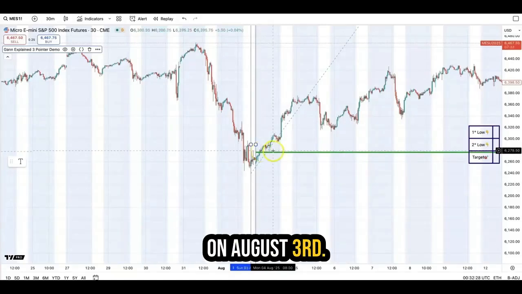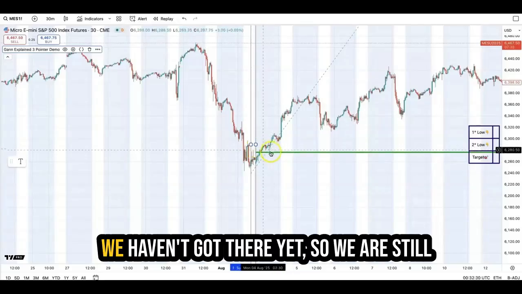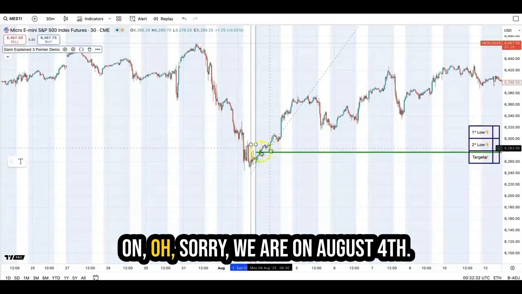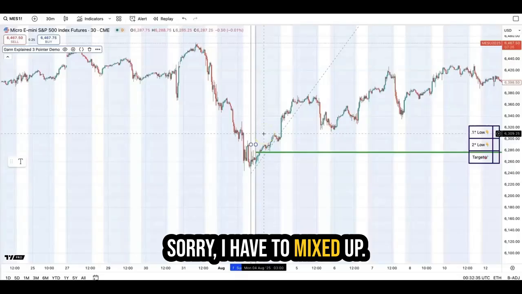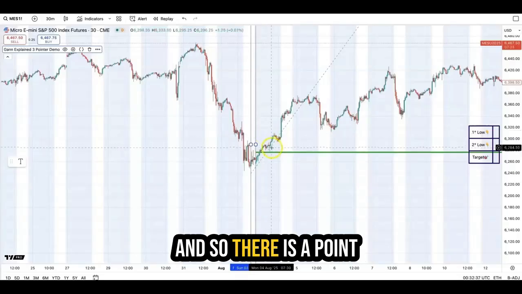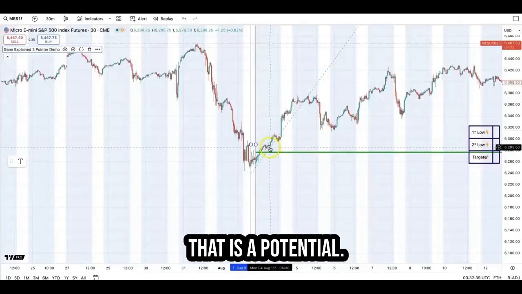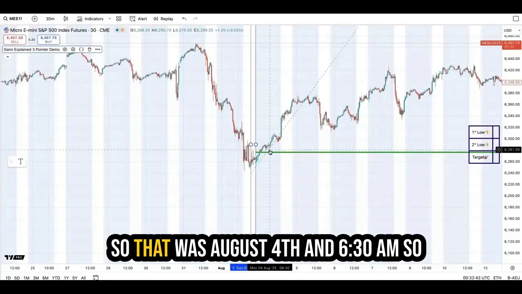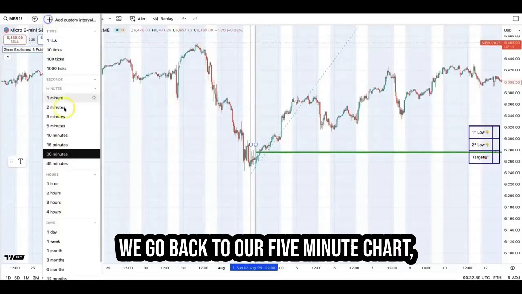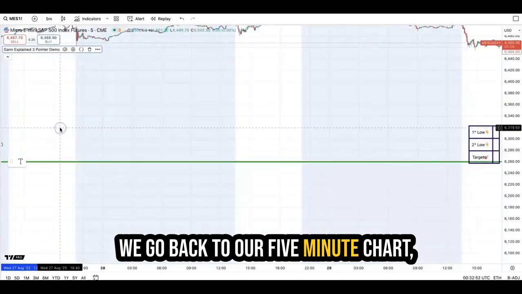On August 3rd, we haven't got there yet. So we're on August 4th, sorry if I mixed up. And so there is a point that is a potential upside here. So that was August 4th at 6:30 a.m. So we go back to our 5-minute chart.